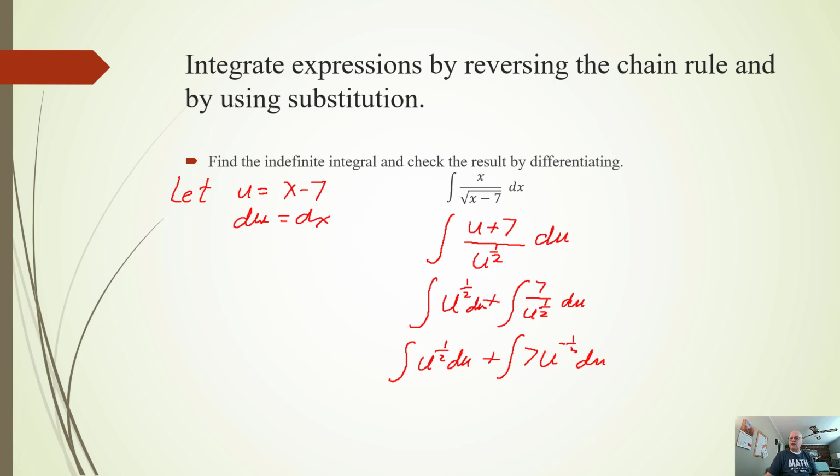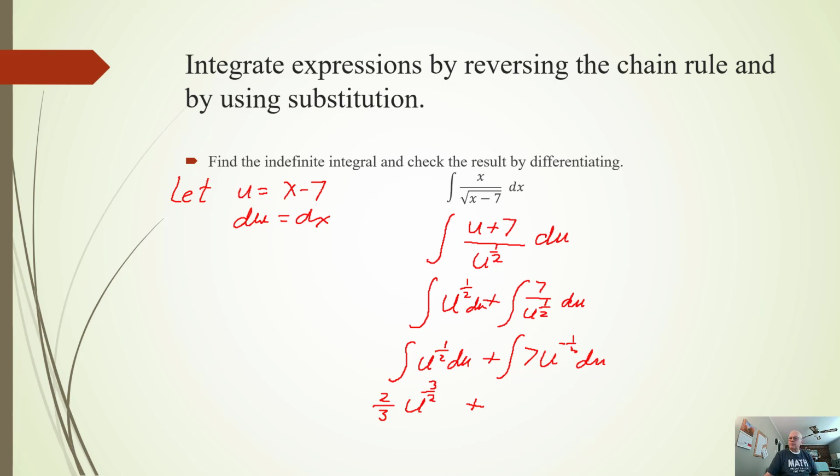Now, time to integrate. Add 1 to this, and we'll get u to the 3 halves. That'll be over 3 halves, or times 2 thirds. Remember, if you're dividing by a fraction, invert and multiply. Plus, now we're going to combine those two constants of integration, so hold off on that.